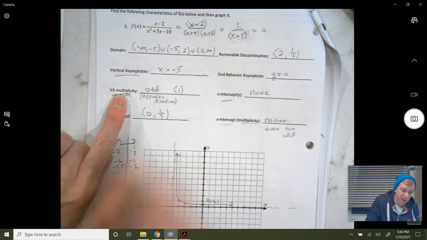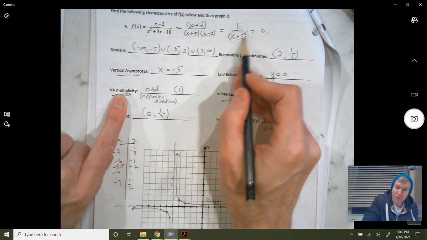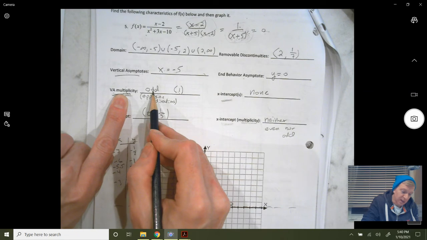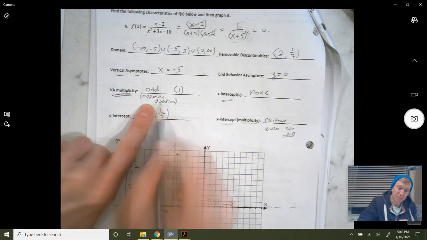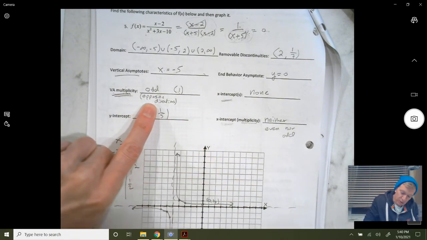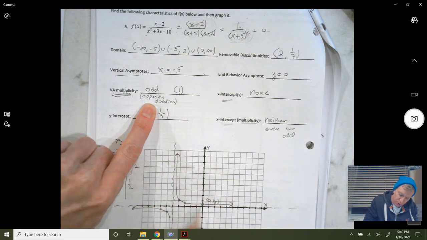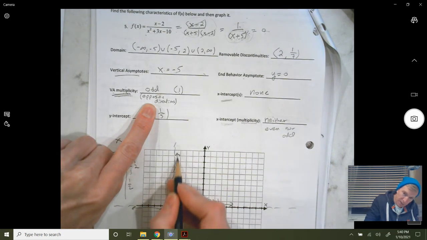Okay, but since it's odd, and if it said x plus 5 to the third, the multiplicity would be 3, which would also be odd, and they would go in opposite directions. And what I mean by opposite directions, look at your graph as you approach this asymptote of x equals -5. If we're approaching that asymptote from the right, our y value is going up to +infinity.